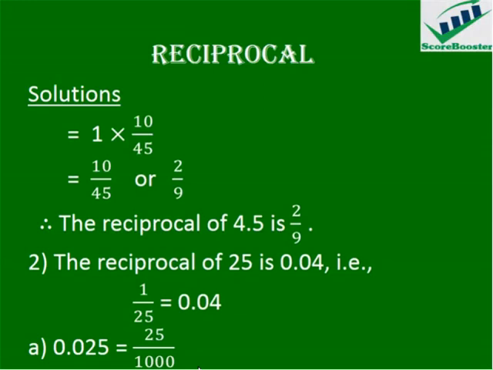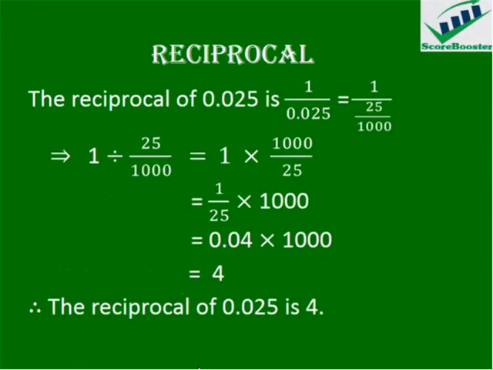Now we are to obtain the reciprocal of 0.025. So the reciprocal of 0.025 will be 1 divided by 0.025, and you already know the fractional form of 0.025 to be 25 over 1000. So this is saying 1 divided by 25 over 1000.